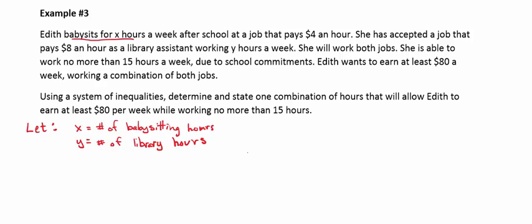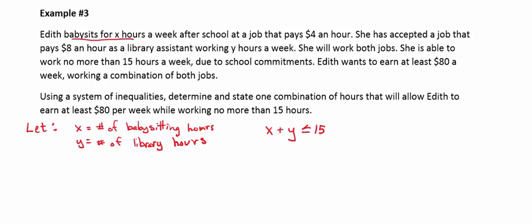Now, if I were to make a system of inequalities here, I add my X, number of babysitting hours, and Y, number of library hours together, we should not have more than 15 hours, and so it'd be equal to or less than 15. Now also, that's just the total of the hours, by the way.